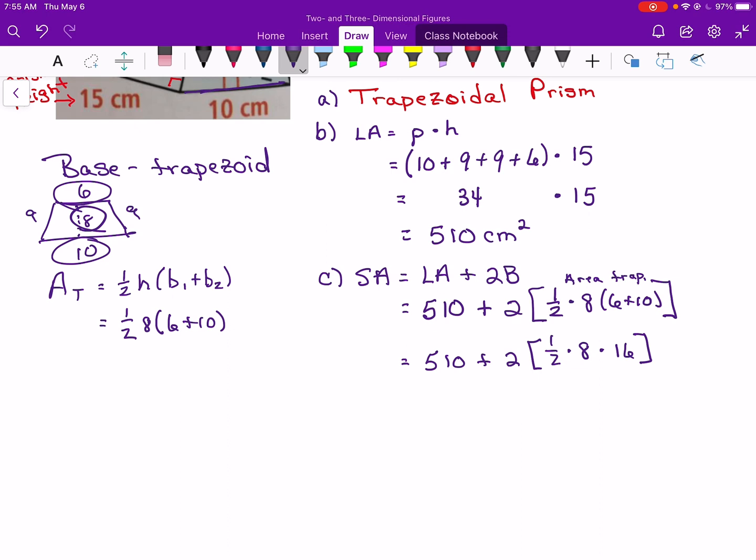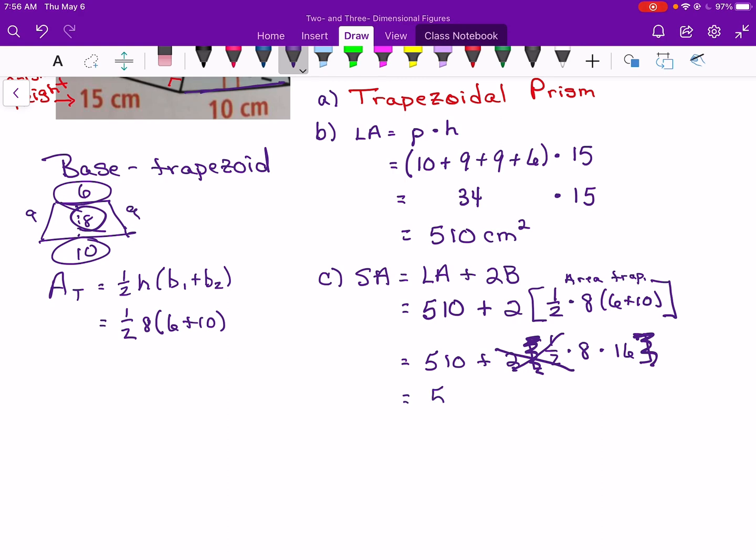Now, if you notice, I have 2 times 1/2 times 8 times 16. Since it's all multiplication, it's like these little braces aren't here. 2 times 1/2, that's 1, so they'll cancel each other out.